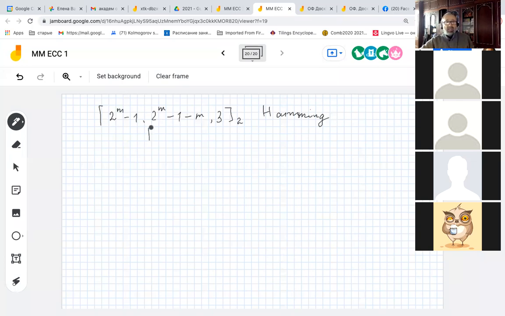And we will obtain the code with parameters 2 to the m. The dimension doesn't change. And the minimum distance becomes 4. These are also called Hamming codes.